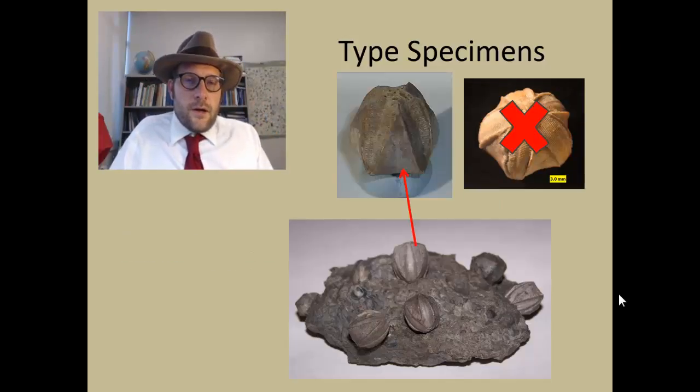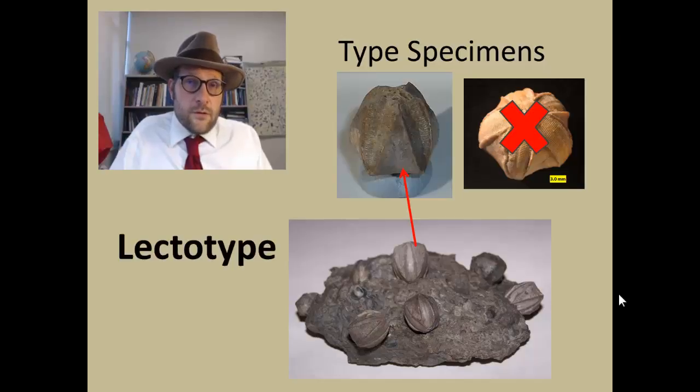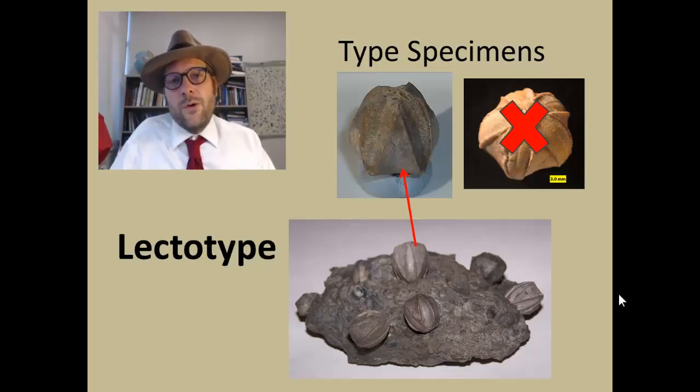Another type of type that you can have is a lectotype. A lectotype is where you have an issue where the holotype is not very good, and you want to designate one of those paratypes or syntypes as the new holotype. You make it a lectotype, and you get rid of the holotype. But you don't call it a new holotype, you have to call it a lectotype, because the holotype stays the holotype forever.